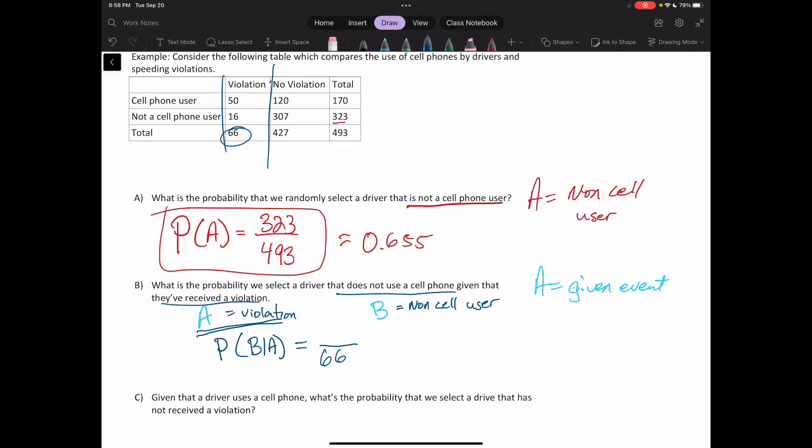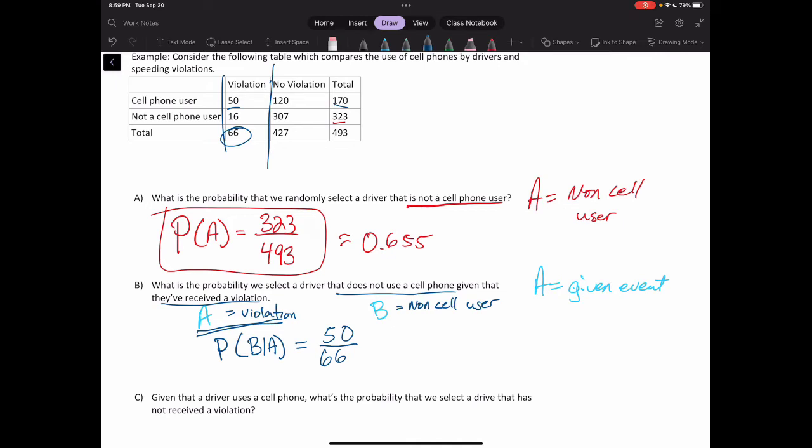The numerator is going to be the A. How many of them out of the 66 received a violation? The question becomes, do I use the 50 or do I use the 170? Well, we use the 50 because we're only restricting ourselves to people that have a violation. The 170 talks about people that both had and did not have a violation. So the probability of B given A is 50 out of 66.